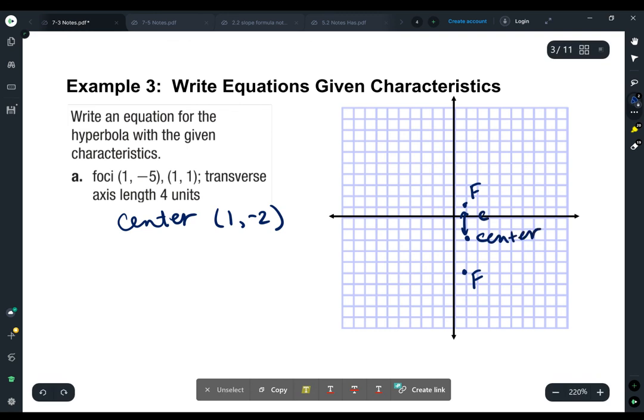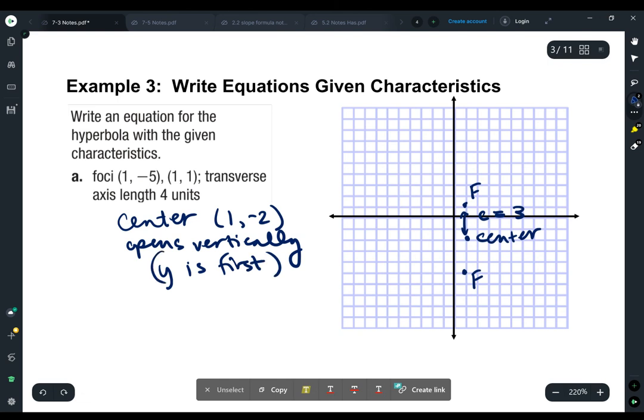So maybe I want to just put a little c right here. c equals 3. So that's that foci equation, c squared equals a squared plus b squared. And then because my foci are located vertically, I know that this is going to open vertically, which means my y is first.